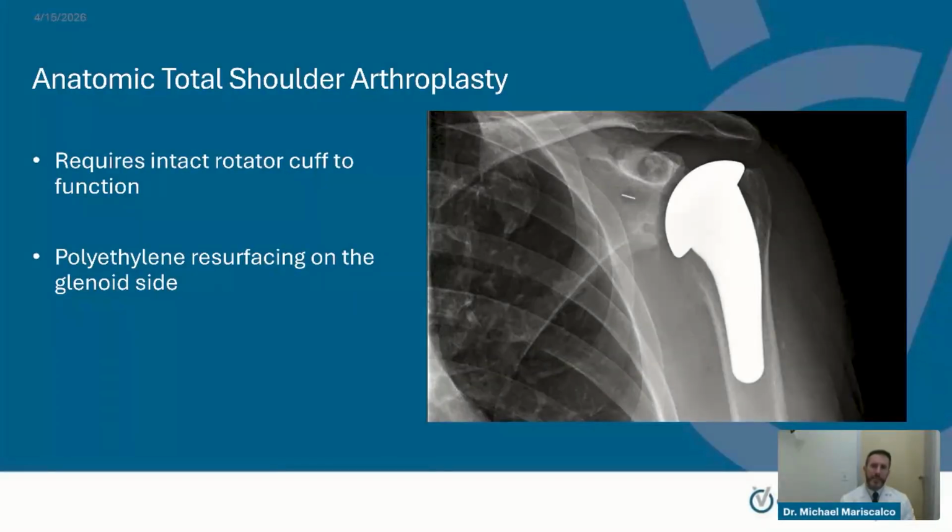An anatomic total shoulder replacement is where the ball and the socket are replaced in the same manner as the shoulder was inherently designed in the human body. It requires an intact rotator cuff to function, and I can actually show you a quick image on that here.